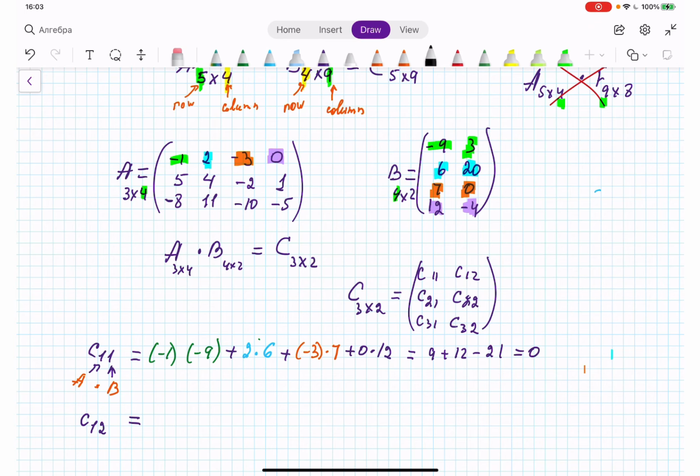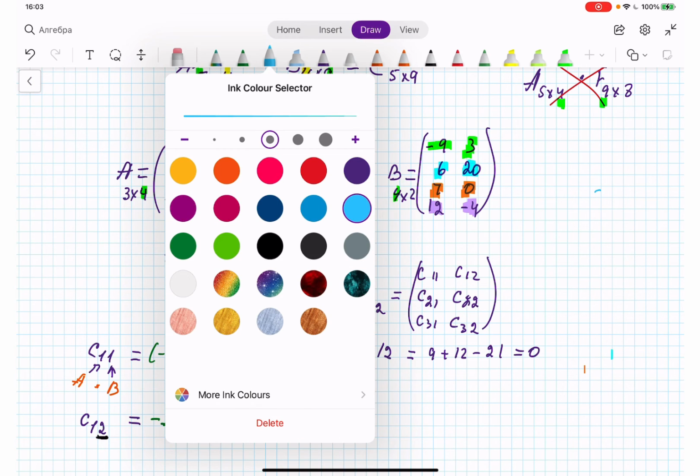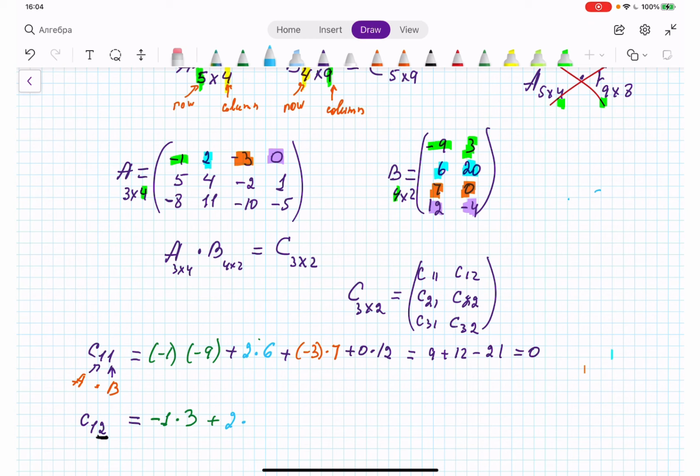So the first row of matrix A multiplying by the second column, because we have here 2 in C12, the second column of matrix B. So -1 times 3, then plus, next I'm using the blue color because I'm doing 2 times 20, next -3 times 0.